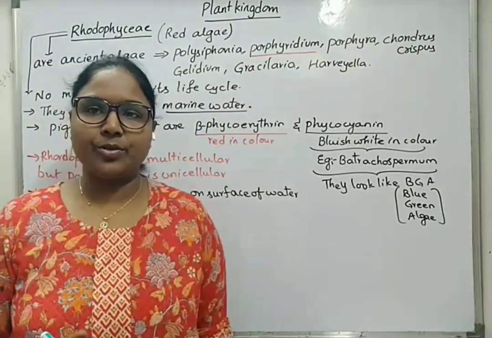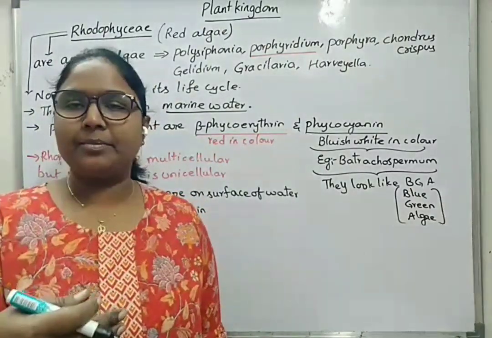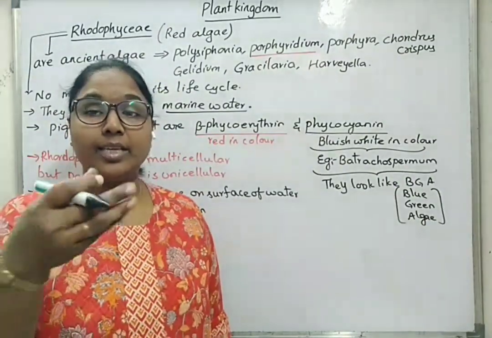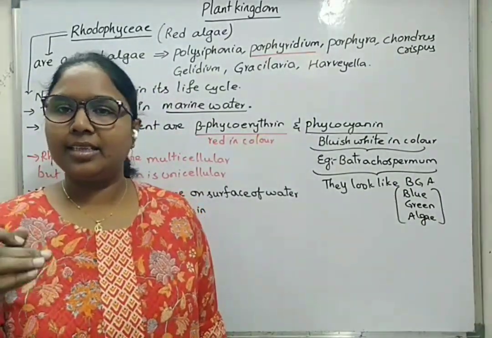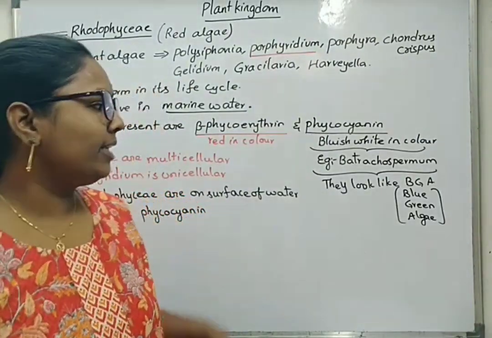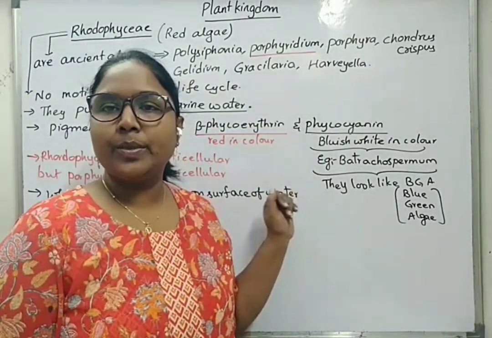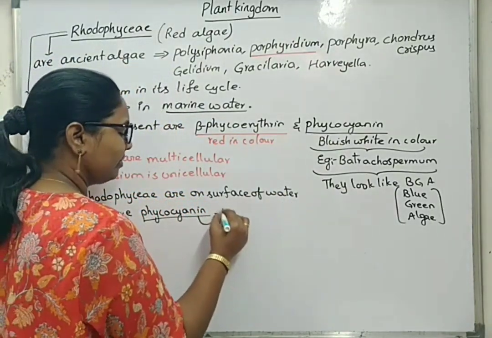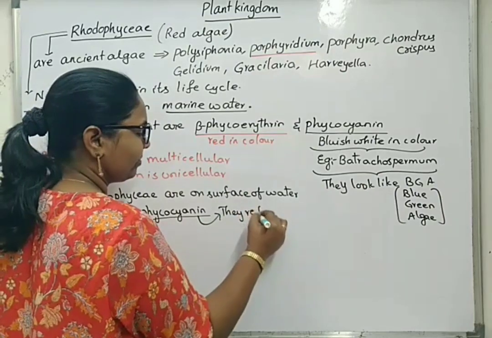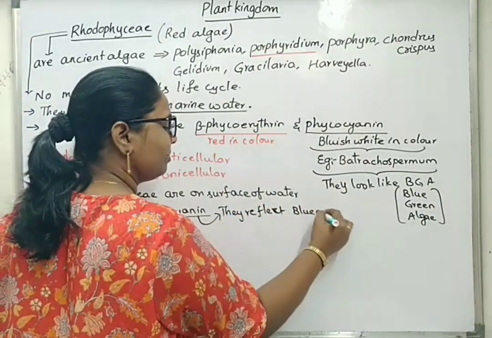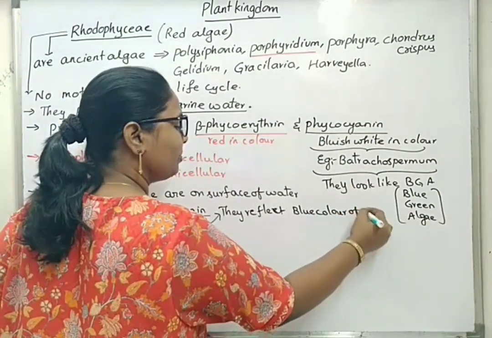When they are on the surface, the Vibgyor spectrum is displayed on the algae. They take in the red color and reflect the blue color. So sometimes we feel Batrachospermum is blue-green algae, because they reflect the blue color of Vibgyor.